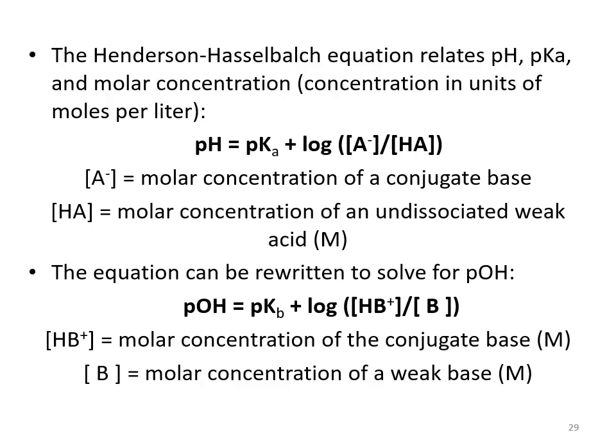So the final equation for pOH will use the pKb. pKb is for the base dissociation constant, Kb for the base, and its negative log is pKb. HB is the molar concentration of the conjugate base, and B is the molar concentration of the base.